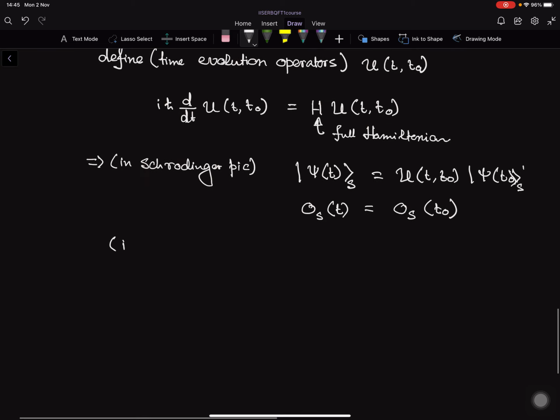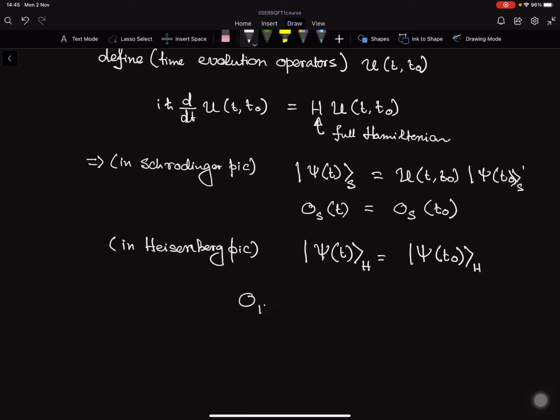This also means that in the Heisenberg picture, the states, as we discussed, don't evolve, but operators do: the operator at time t becomes U inverse (t, t0) times the operator at time t0, times U(t, t0).